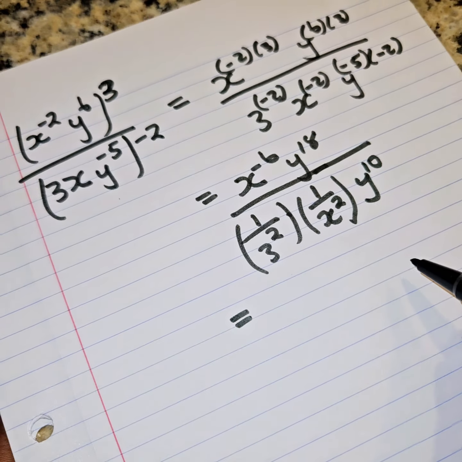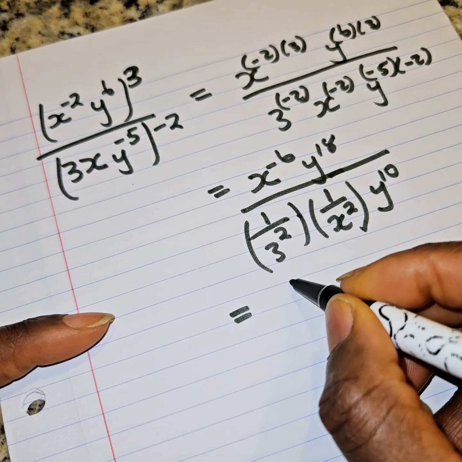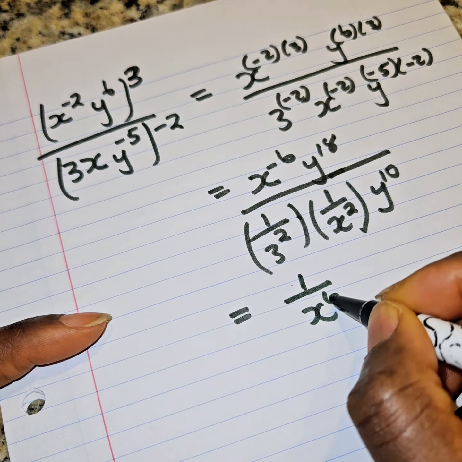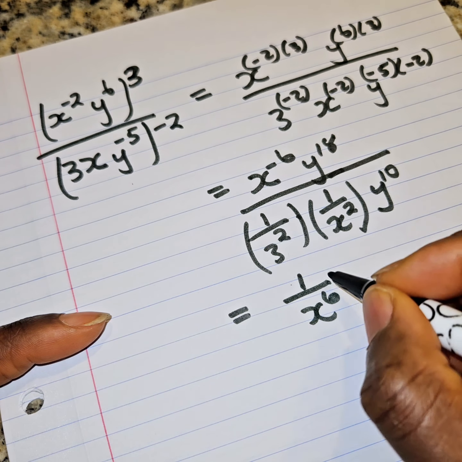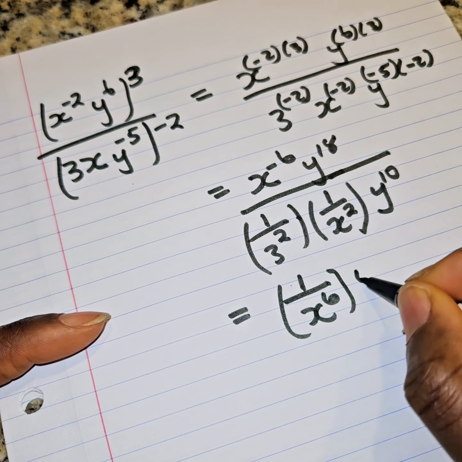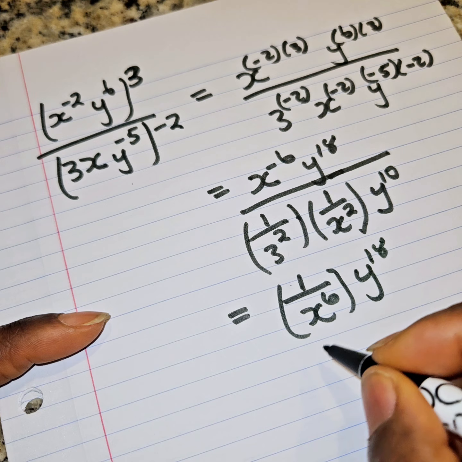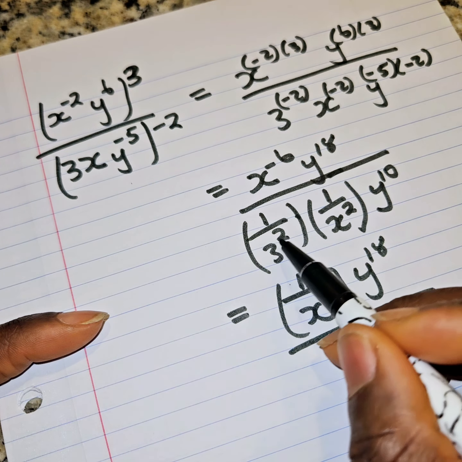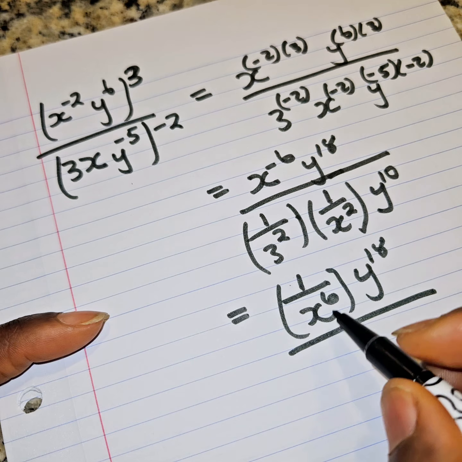Next, we have 1 over x to the 6, the same thing I did here, and y to the 18, divided by, I can multiply these two things, 1 times 1.